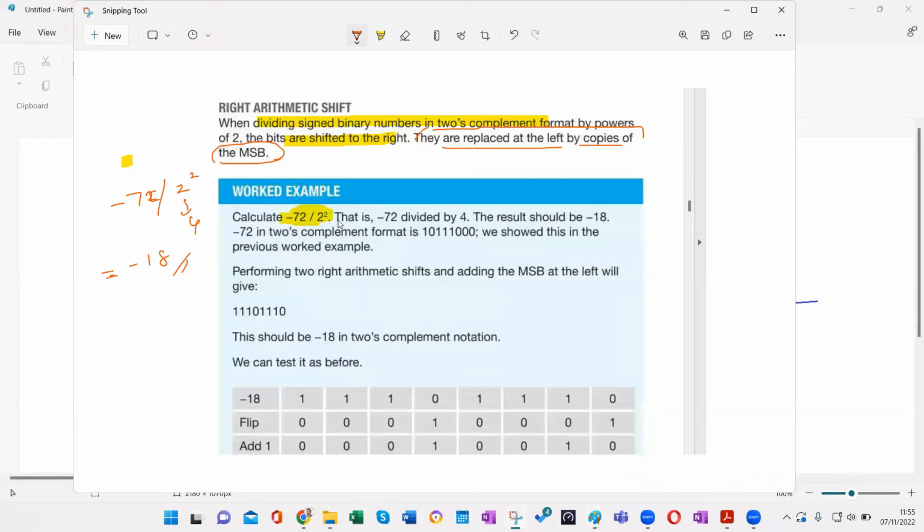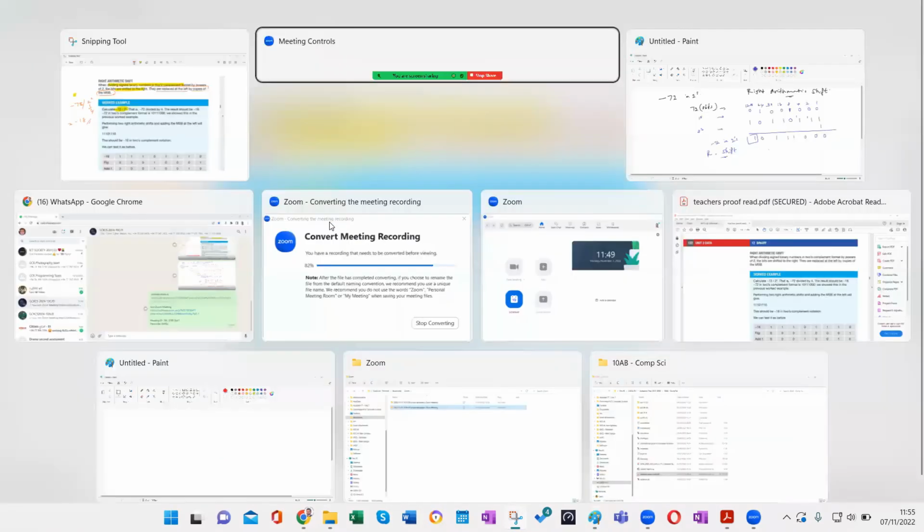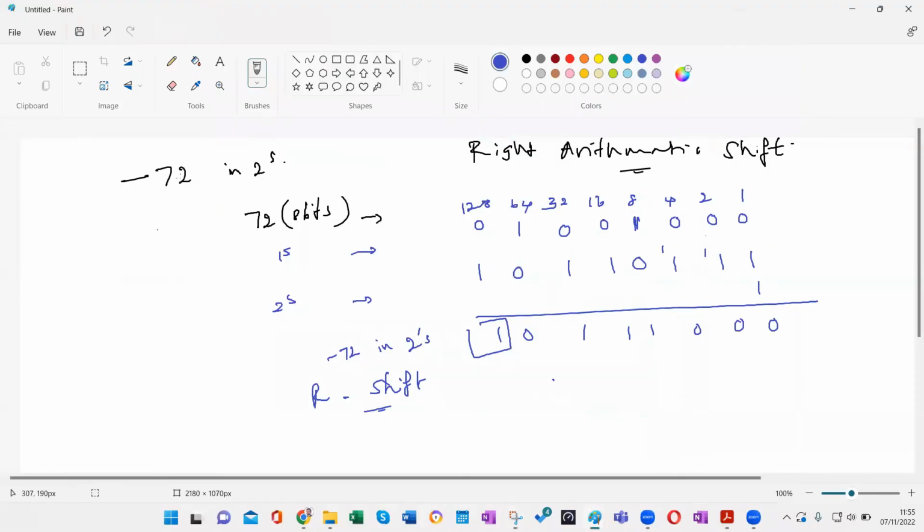You're going to divide it by 4. So 4 is 2 to the power 2. So tell me, how many shifts we have to do? 2 shifts to the right.